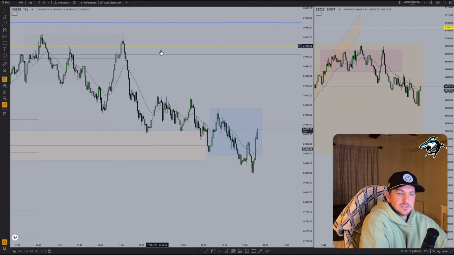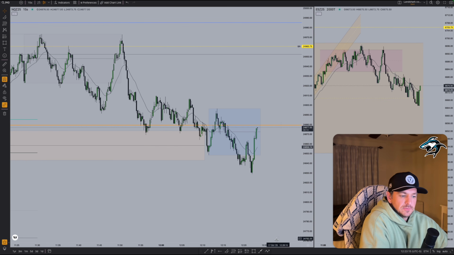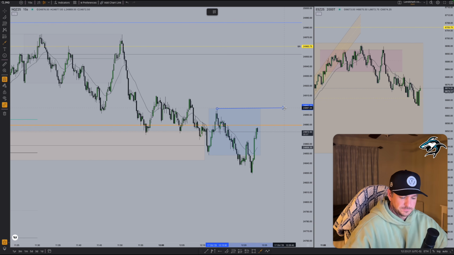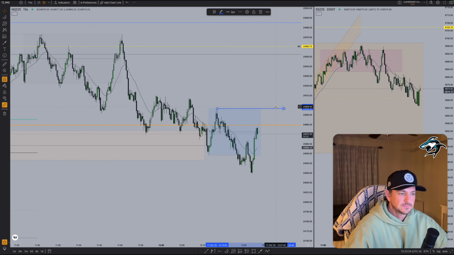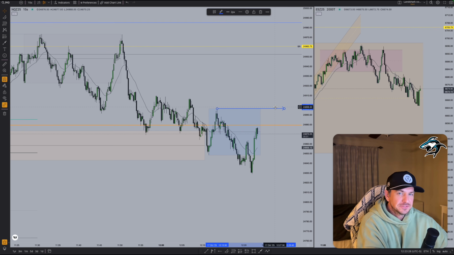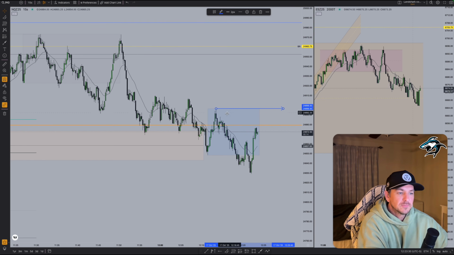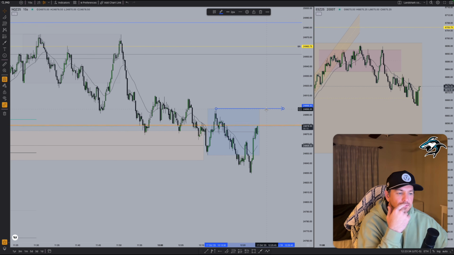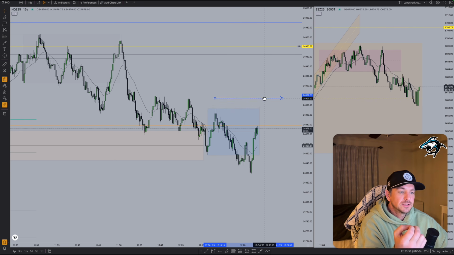If we're going to go to the top, obviously, first step would be violating this high. It sounds elementary, right? Like, oh, if we're going to go to the top, we're going to take this high first. But you'd be surprised how many people are just trading and forget where they're at on the chart, right?